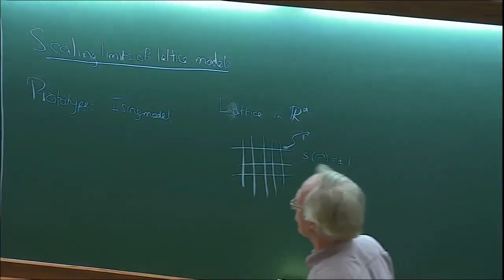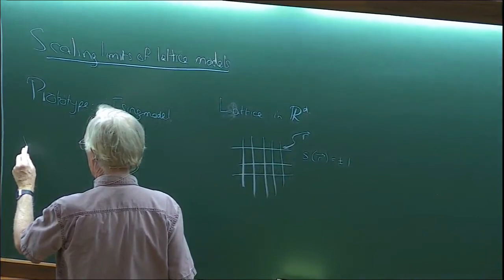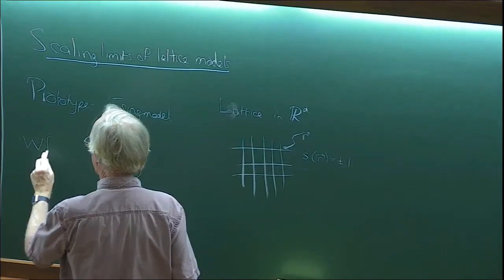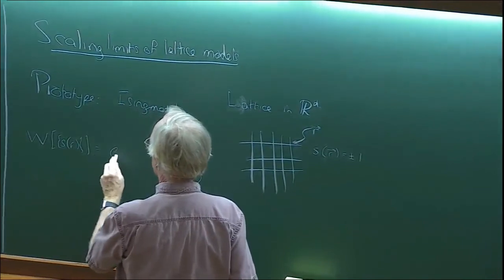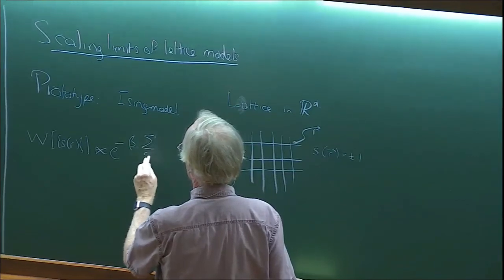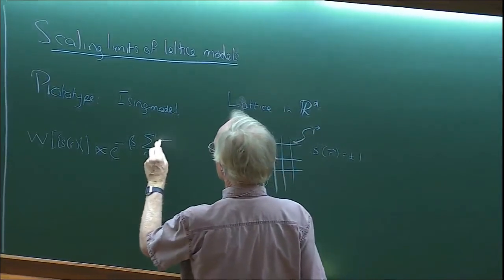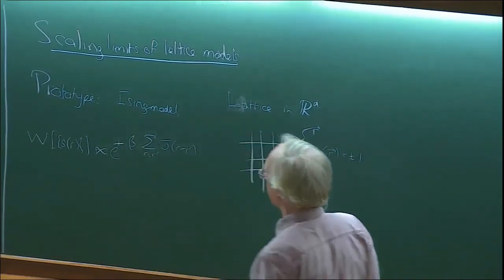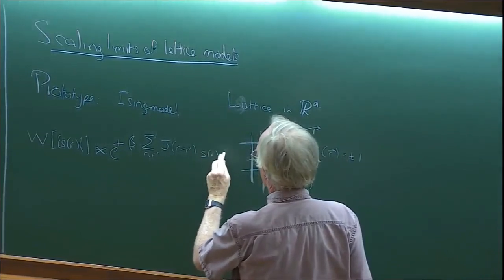Okay, and this model is defined by its Boltzmann weights. So each configuration, S(R), has a weight which is proportional to e to the minus beta, sum over R and R prime, sum over sites on this lattice, of some ferromagnetic interaction, S(R) S(R prime).